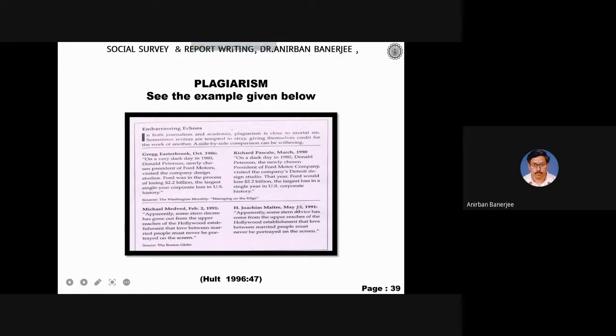What did this author write? May 12, 1991: Apparently, some stern advice has come from the upper reaches of the Hollywood establishment that love between married people must never be portrayed on the screen. So, these are two examples of plagiarism.